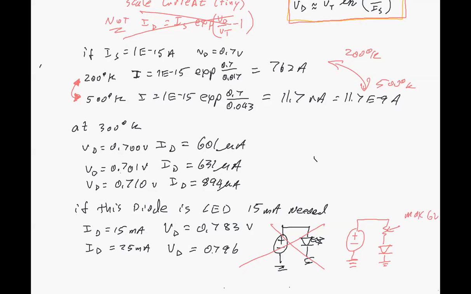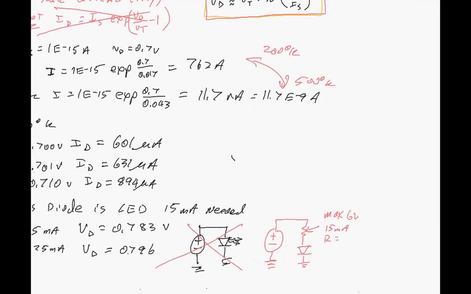And the current you want to limit it to is, say, 15 milliamps, then we can find a resistance, which would be 6 divided by 0.015, which would be 400 ohms. That would limit the current so that it's always less than 15 milliamps. Anything more will be absorbed in that resistor.